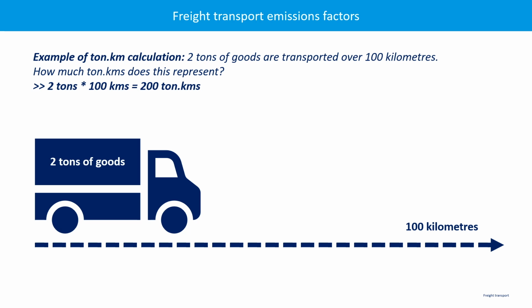Well, ton kilometer is calculated by multiplying the mass transported, expressed in tons, so 2 tons in our example, by the distance traveled, expressed in kilometers, so 100 kilometers in our example. So we have 2 times 100, that's 200 ton kilometers in total here.